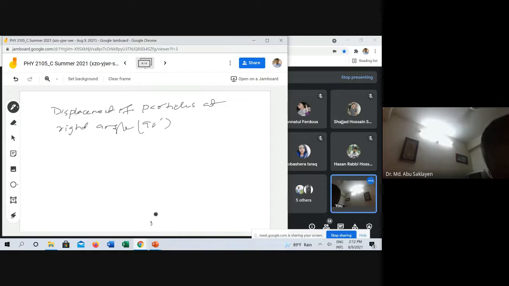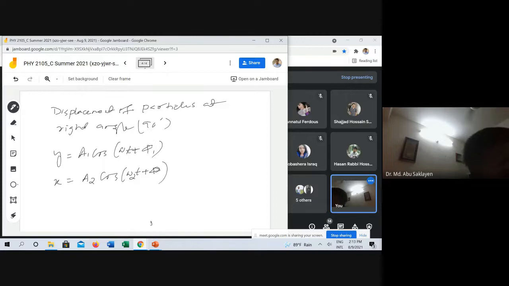So displacement can be written as y equal to a1 cos omega 1 t plus phi 1, and along x-axis this is equal to a2 cos omega 2 t plus phi 2.